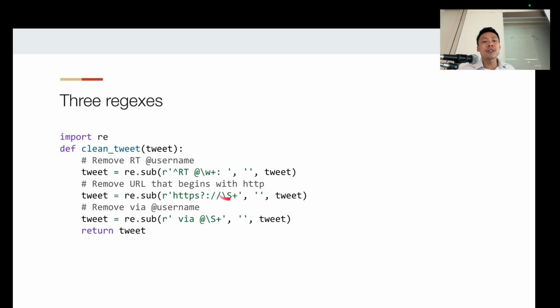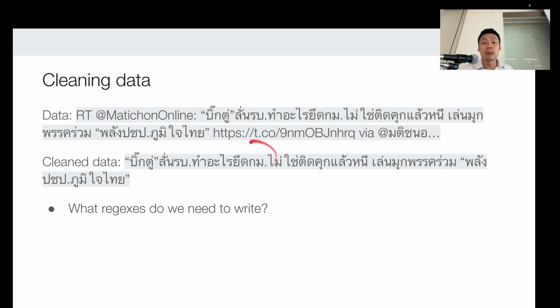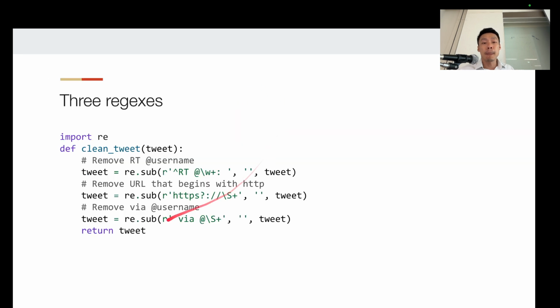Then colon //, and I again use the big S, which means anything that's not white space. Again, you can do the set thing, or you can do the alphanumeric, because the URL link has its own pattern, or you can put t.co in there as well, because if it's on Twitter, it's always a t.co to make a shorter link for you. So yes, there can be more than one correct regex.